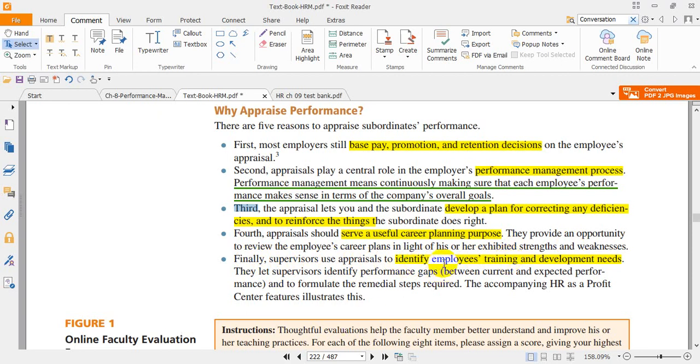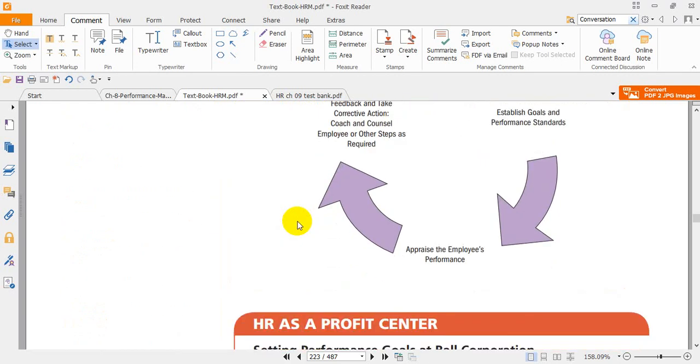They let supervisors identify performance gaps between current and expected performance and formulate the remedial steps required. So these are the 5 reasons why to appraise performance.